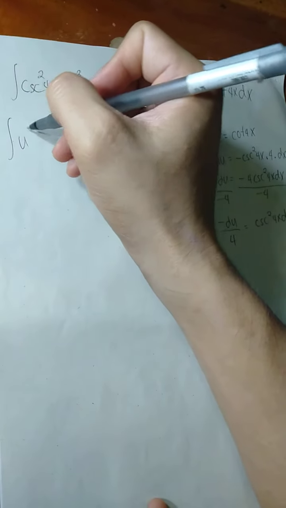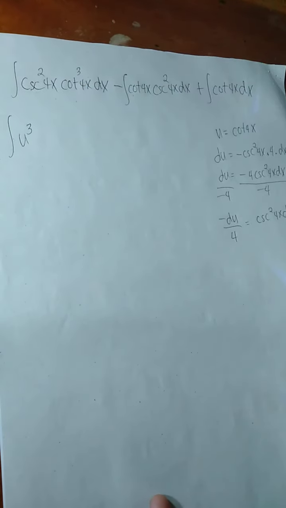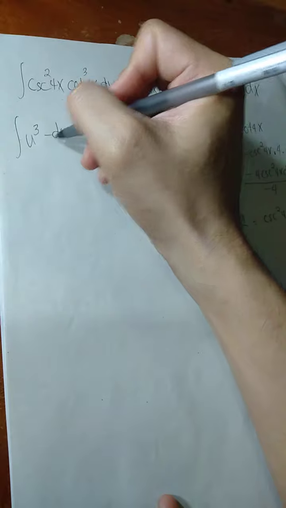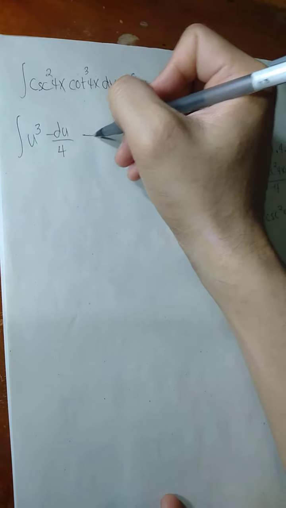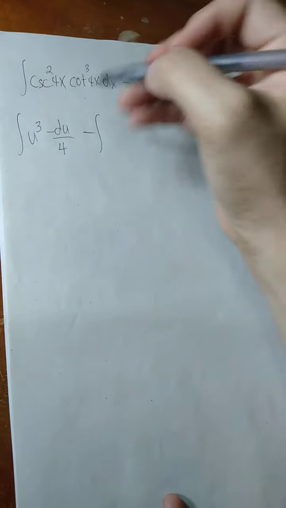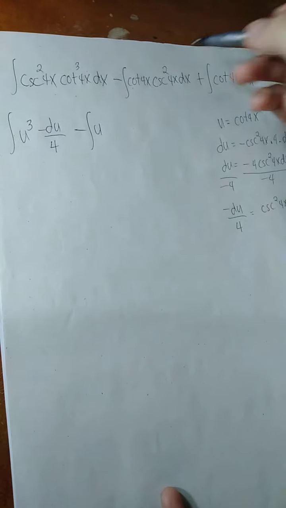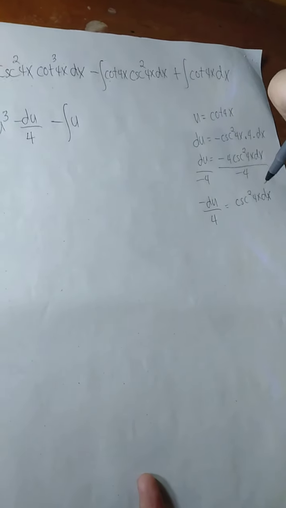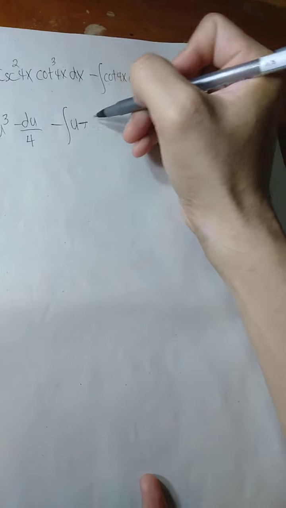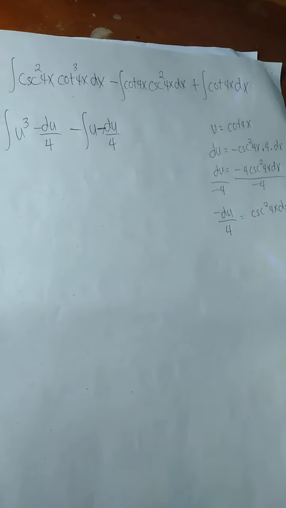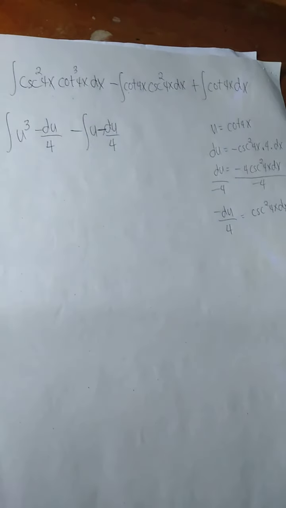So it becomes integral of u cube times negative du over 4 minus integral of u times negative du over 4. So yun na siya.